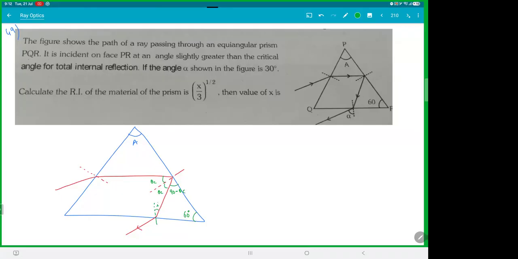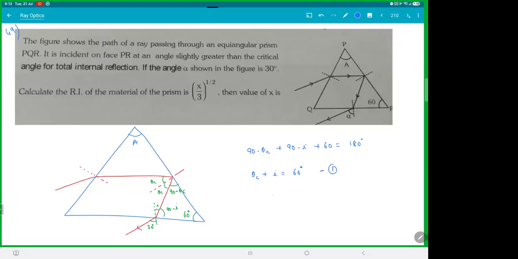This is the angle of incidence, so this angle will be 90 minus I. This angle is 30 degrees. Let's get all the equations. In that triangle, we have 90 minus theta critical plus 90 minus I plus 60 is equal to 180. So from here, we get theta critical plus I is equal to 60 degrees. This is equation 1.